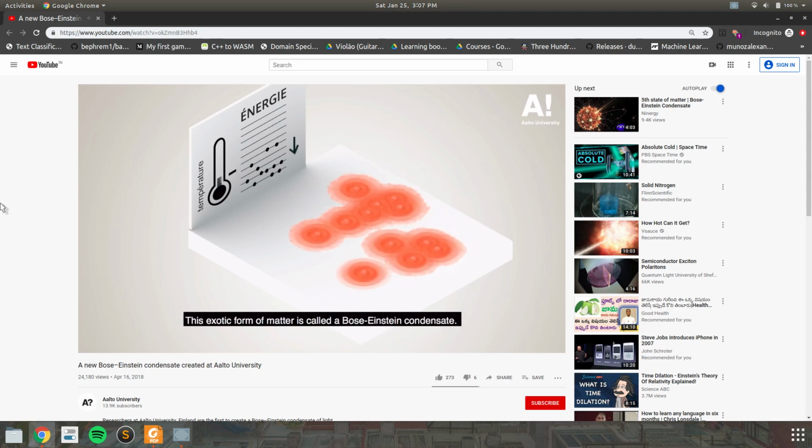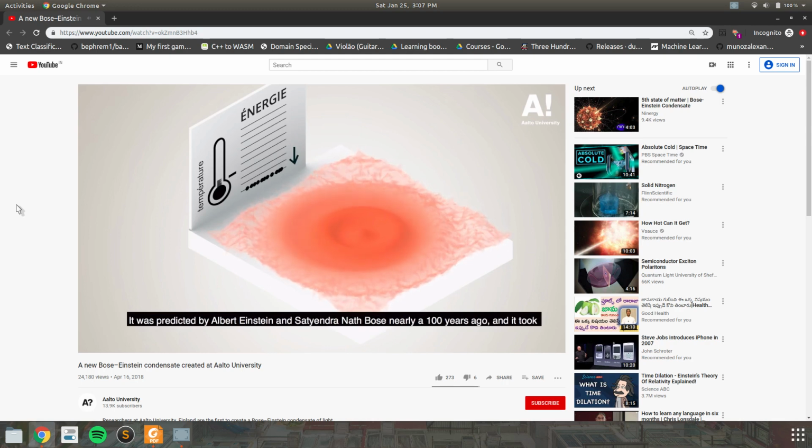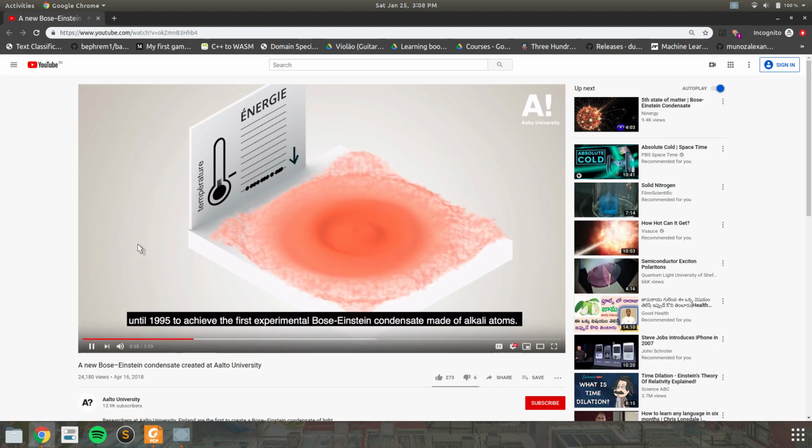This exotic form of matter is called a Bose-Einstein condensate, and it was predicted by Albert Einstein and Satyendranath Bose nearly 100 years ago. And it took until 1995 to achieve the first Bose-Einstein condensate made of alkali atoms.